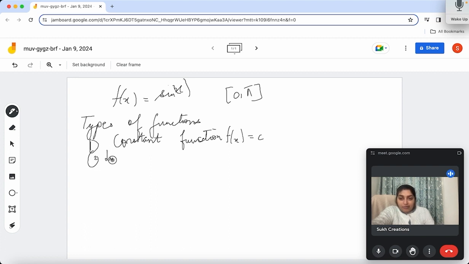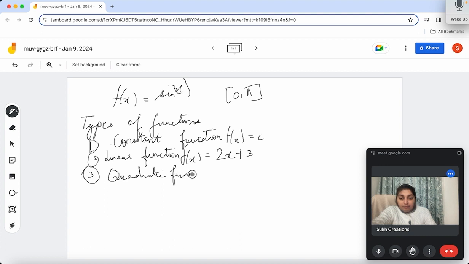Next is linear function, like we had earlier discussed, like f(x) equal to 2x plus 3, right? Don't worry, we'll be diving into these functions in our next video if you're not able to understand, because we will be applying limits to all those functions, and we'll be seeing how to find limits for them.